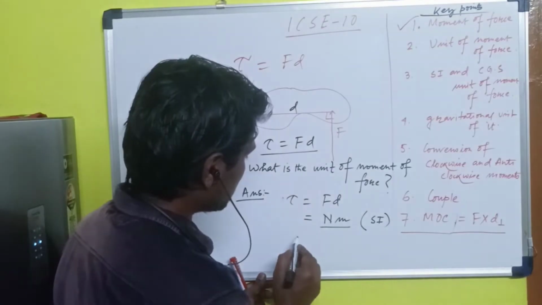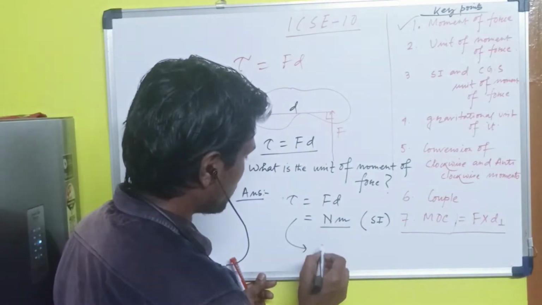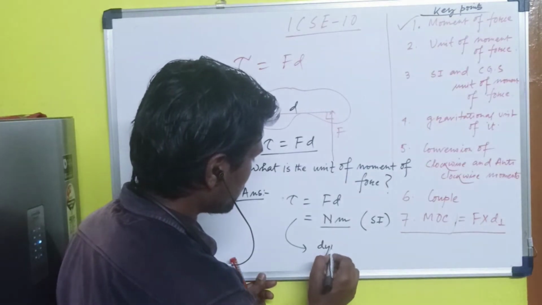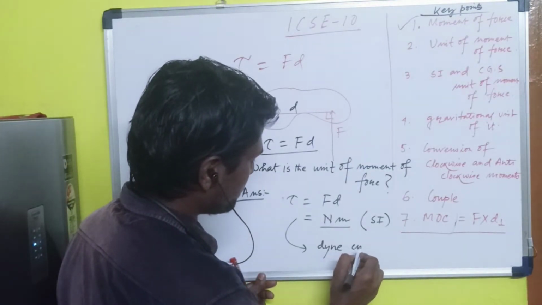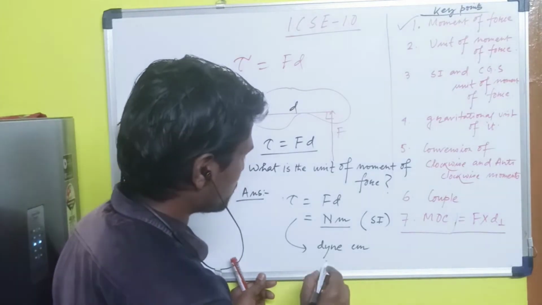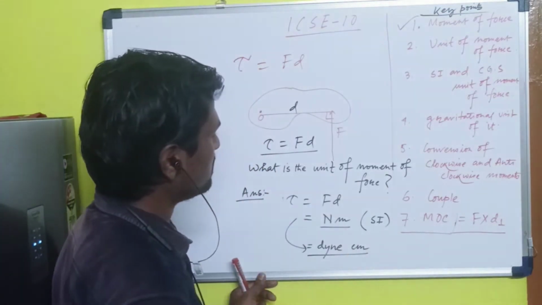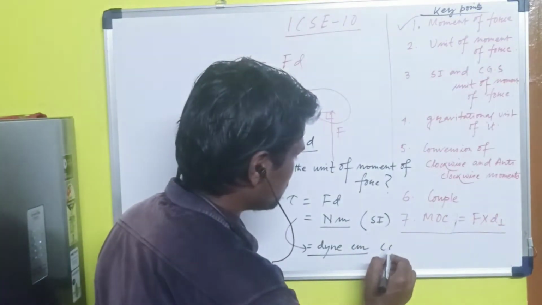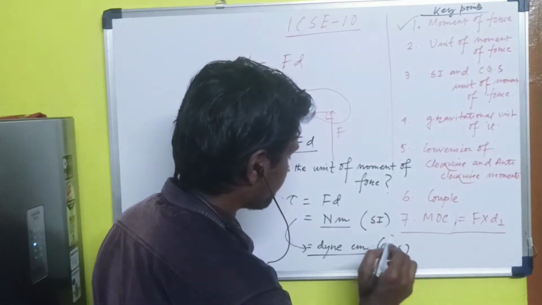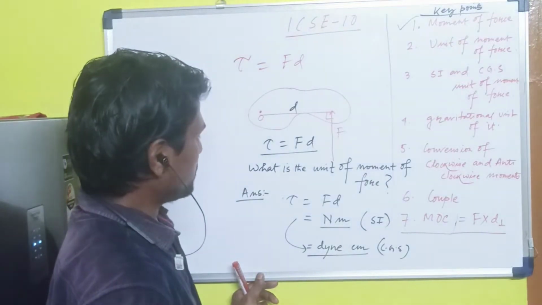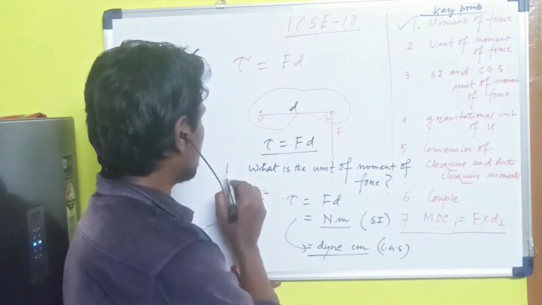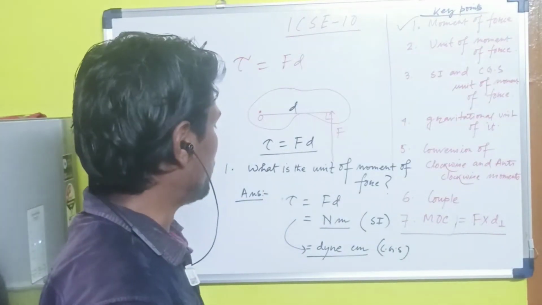If we go to the CGS system, in place of Newton we write dyne, and in place of meter we write centimeter. So dyne centimeter is the unit of moment of force in CGS. This is question number 1: what is the unit of moment of force?